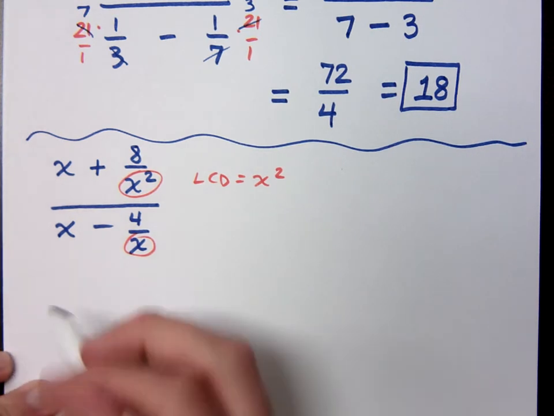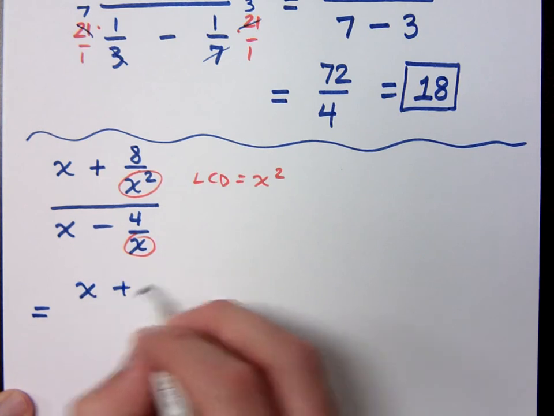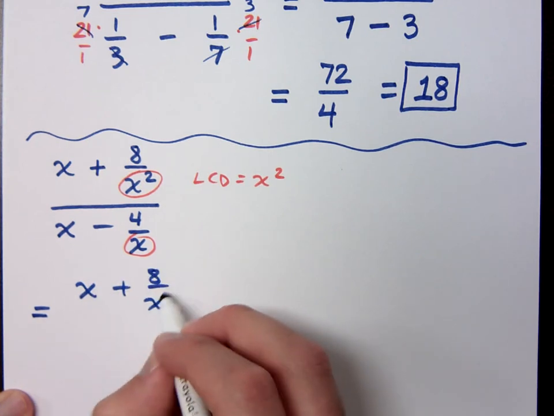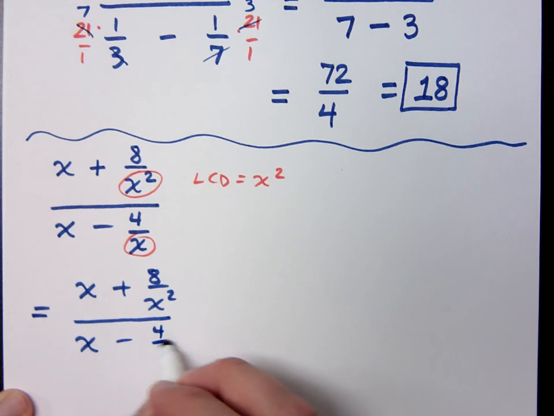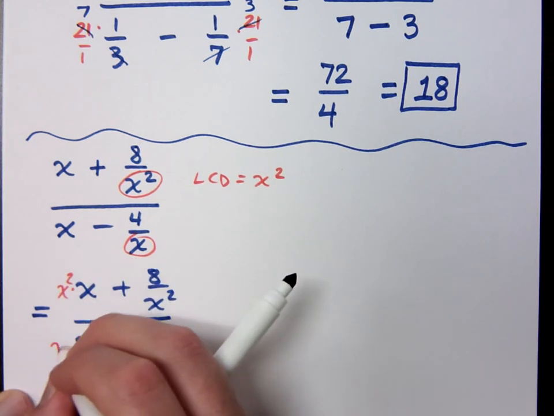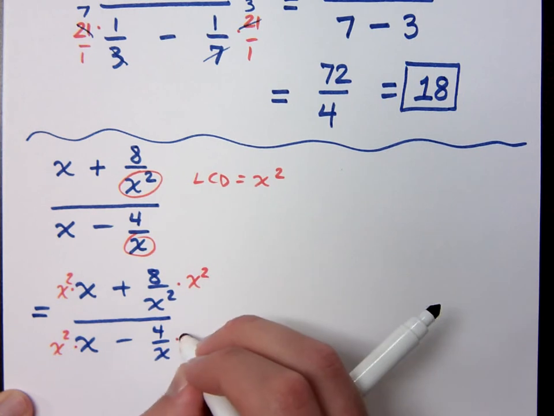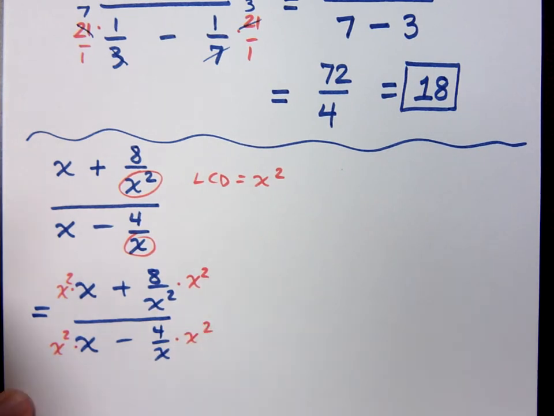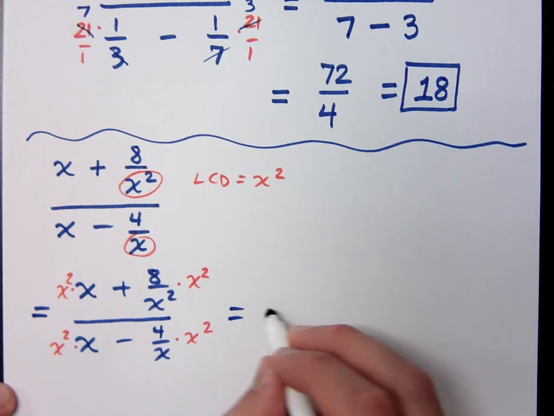So I'm going to multiply everything times x squared, and let's see what happens. So let me rewrite this guy. Now we got to multiply everything times x squared. All right. So what do we have here in this numerator?